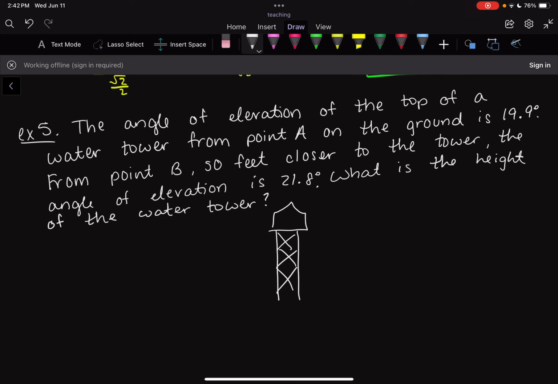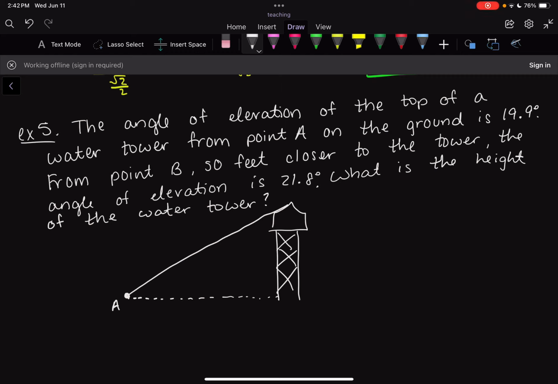So it says the angle of elevation of the top of the tower from a point A on the ground. So we're at point A on the ground and we're like looking up at the top of the tower. We can say that we're ground level with the tower.